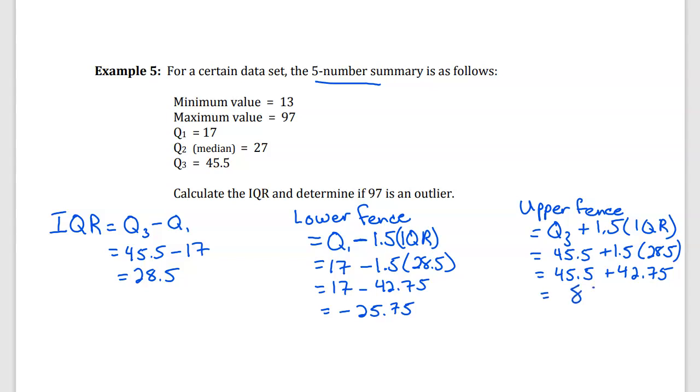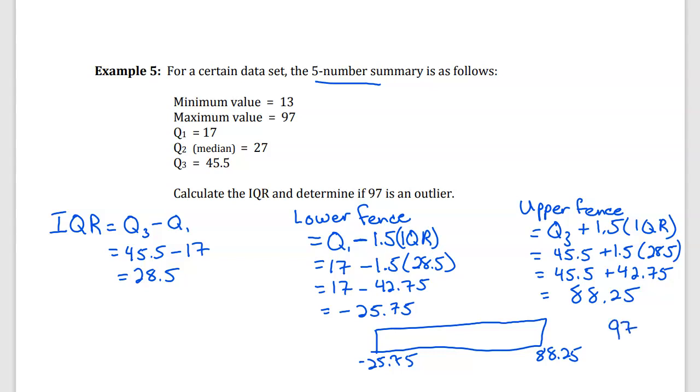And when we do so, we get an 88.25. This is my upper fence. So anything outside of those two numbers, a negative 25.75 and an 88.25, would be an outlier. Well, we have a maximum value of 97. 97 is an outlier because it's outside of those fences. Anything outside those fences is considered an outlier.